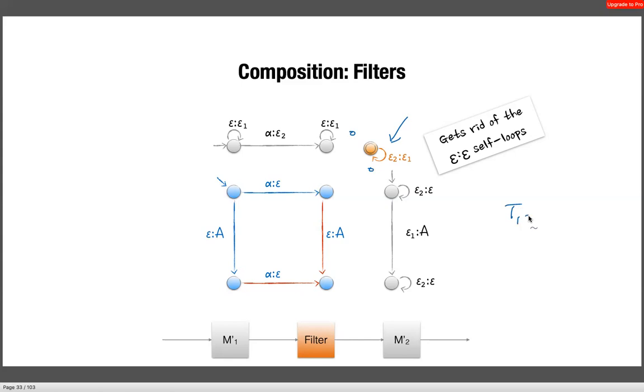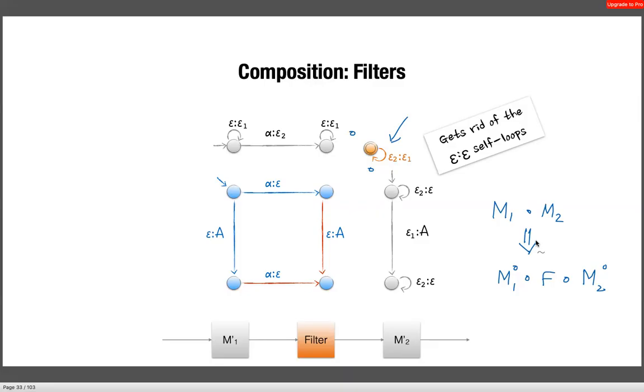So when I'm dealing with epsilon symbols, M1 composed with M2, I can modify this as M1 prime composed with a filter FST composed with M2 prime. The resulting machine will be one in which all the redundant paths are eliminated or filtered out.